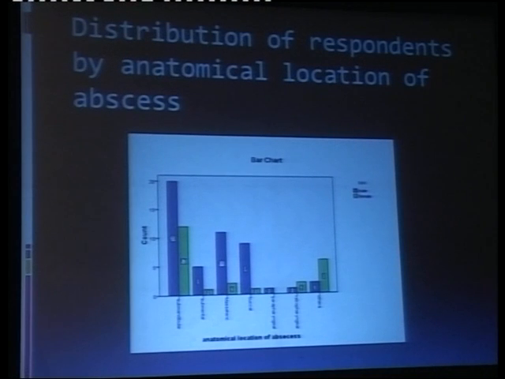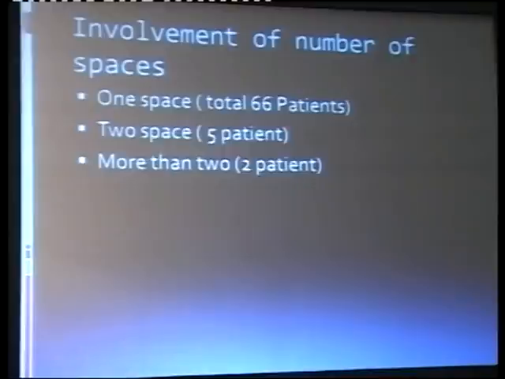Actually, we found single space abscess mostly in the submandibular spaces. Involvement of number of the spaces, one space involvement, total 66 patients, two space 5 patients, and more than two space almost 2 patients.